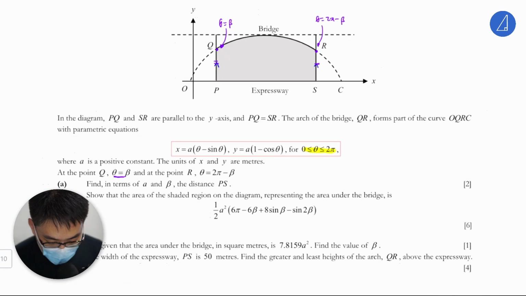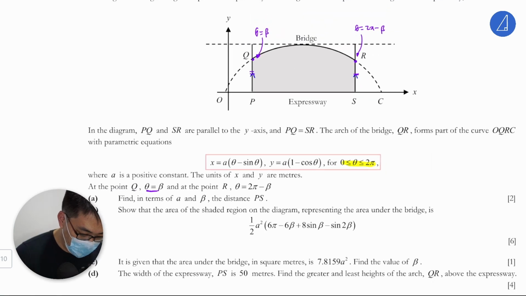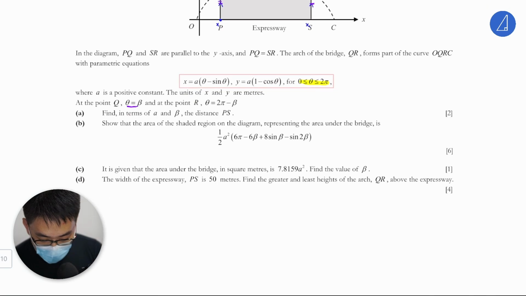Okay, so finding the distance of PS should be quite straightforward, because what we need is just the x coordinates. XP here, and then XS, and then just minus them. This distance, we just need to subtract them.